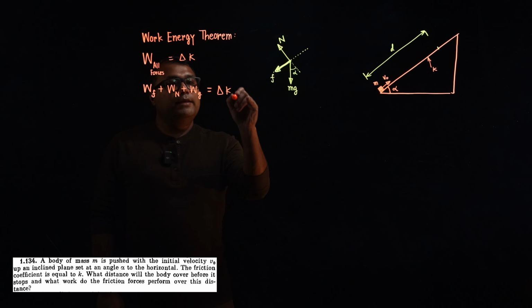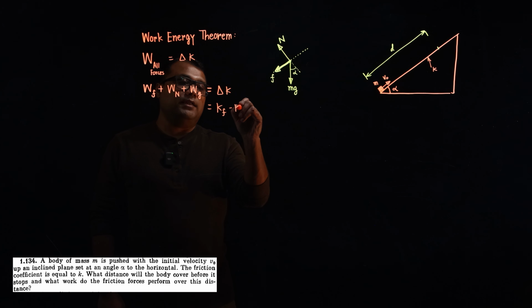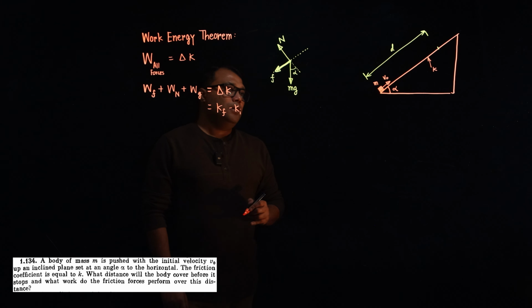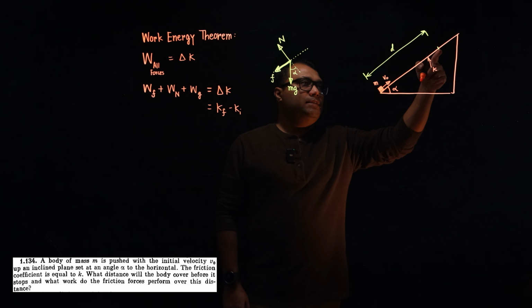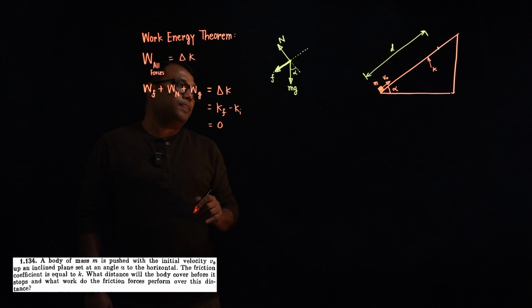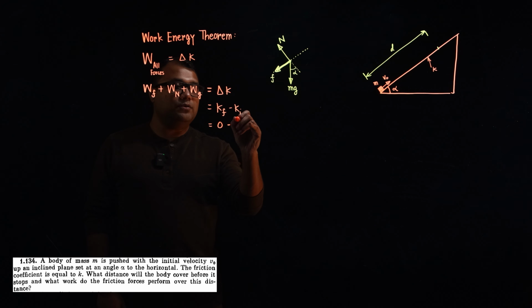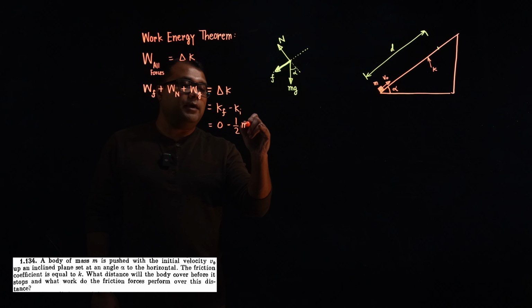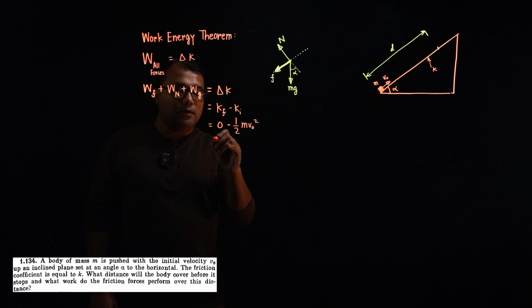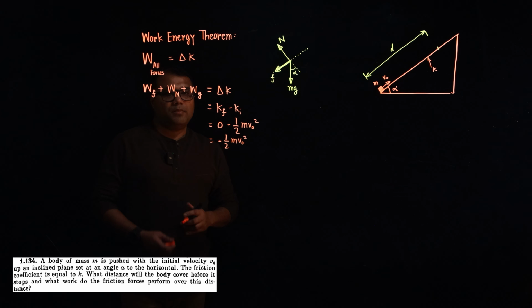Now the change in kinetic energy is K final minus K initial. At the final state, the body stops. The K final is 0, and in the initial state the body was with velocity v0, so half m v0 square. So this is equal to minus half m v0 square.